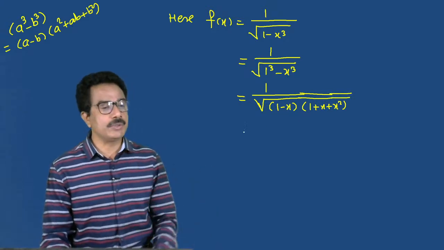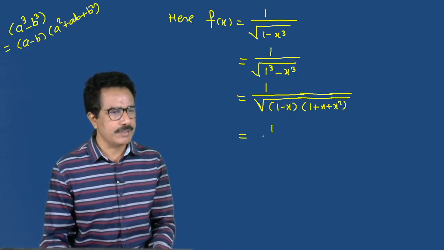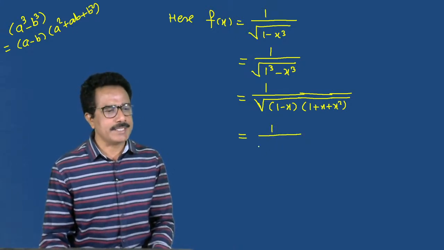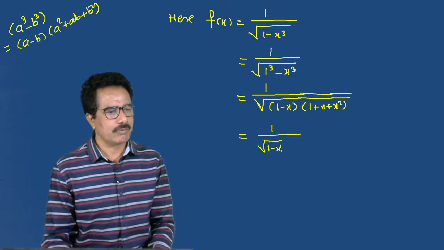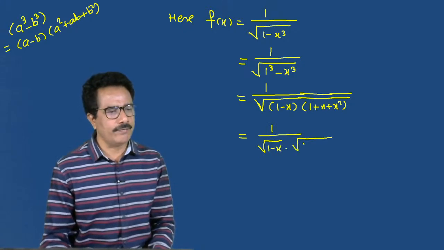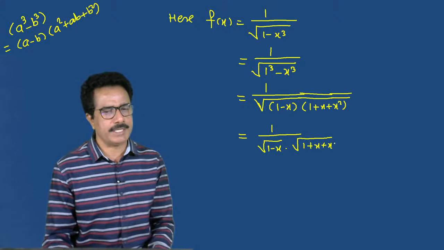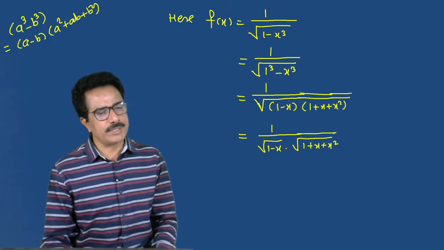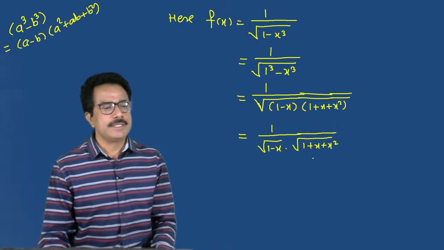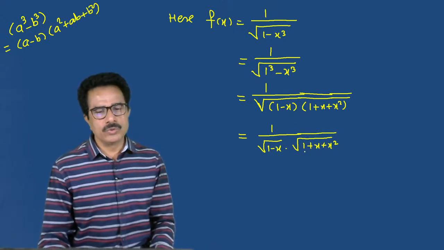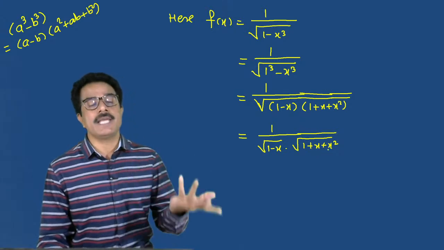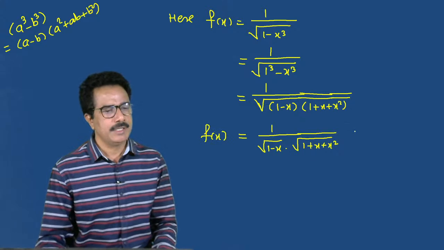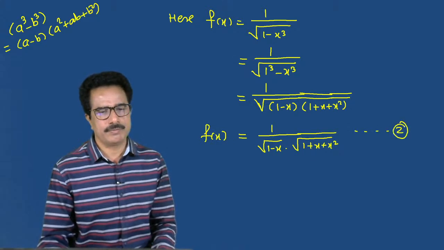Now we can distribute these two factors: 1 divided by root of 1 minus x, into root of 1 plus x plus x square. Clearly, see this, 1 upon root of 1 plus x plus x square. Suppose this is equation 2.